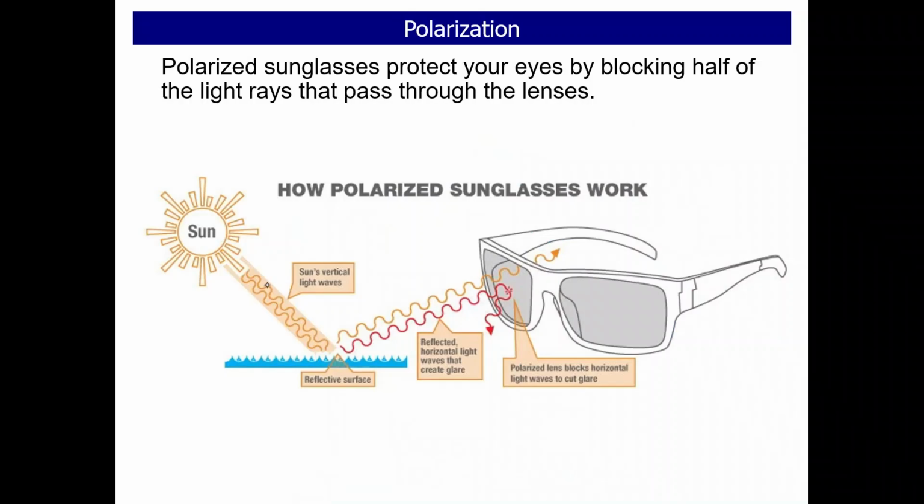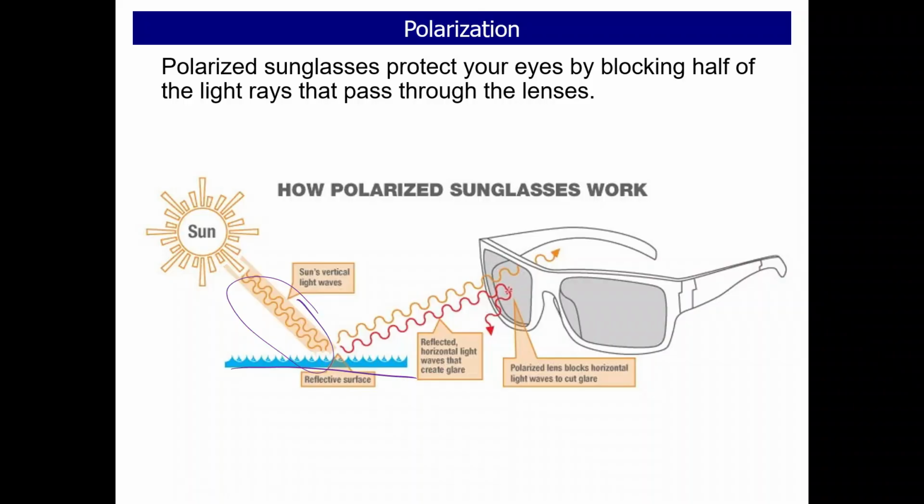Because anytime you have the light coming in and then reflecting off of a water surface, that's going to cause that scattering. And when we have that scattering, you are going to end up with those light rays coming off in different directions. And so when that happens, you're going to have a lot of glare because your light rays are not all aligned. They're not polarized anymore.